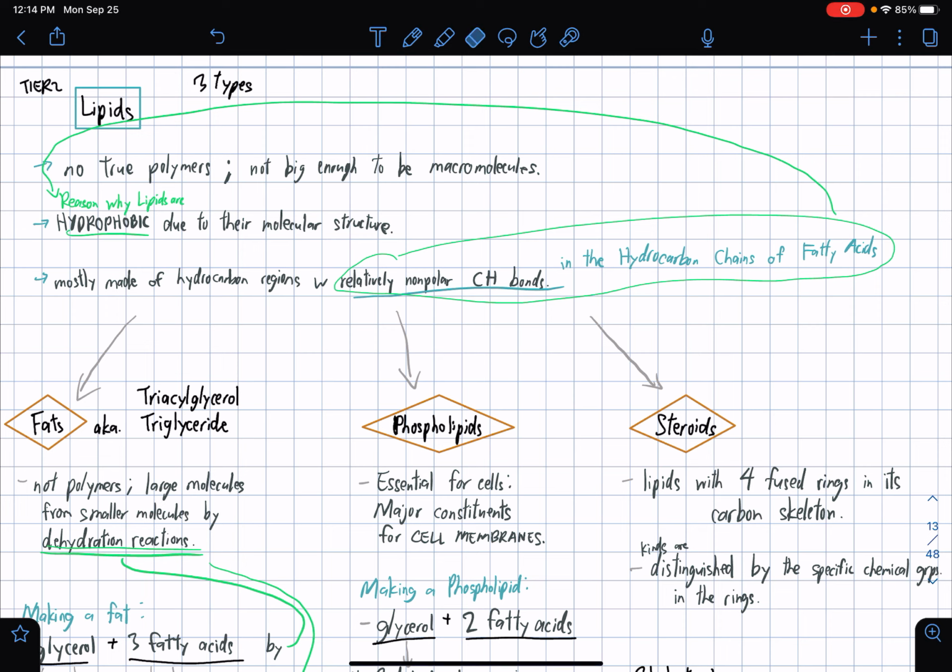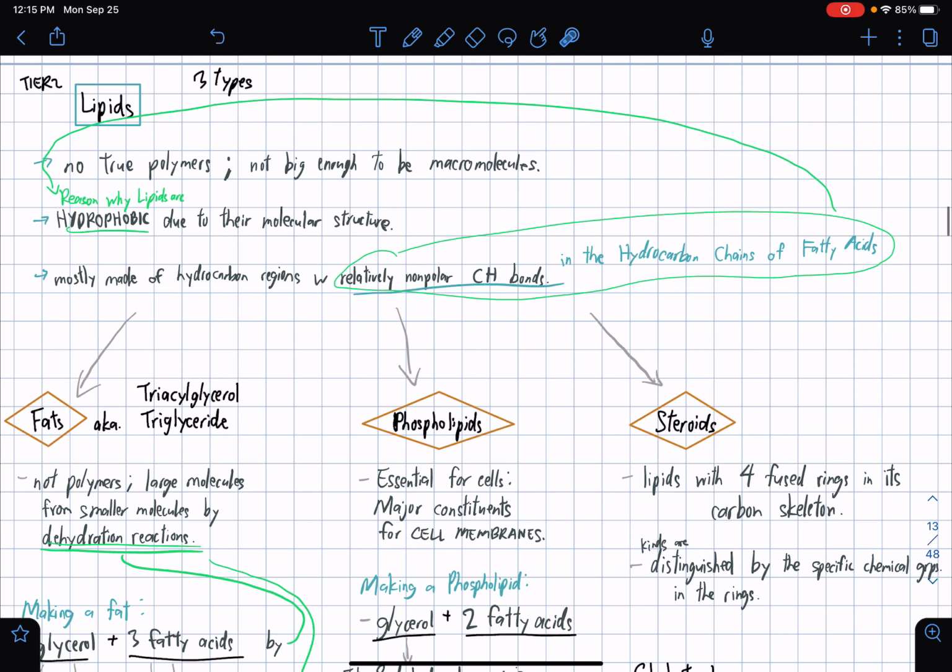Hydrophobic means they avoid water. They are mostly made of hydrocarbon regions with relatively nonpolar C-H bonds in the hydrocarbon chains of fatty acids.